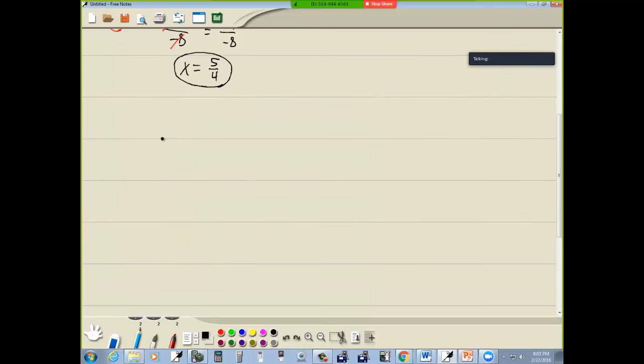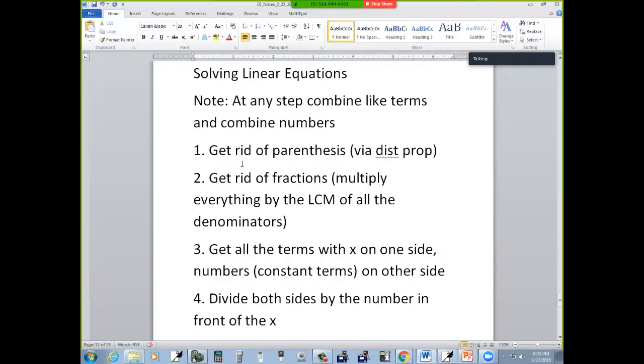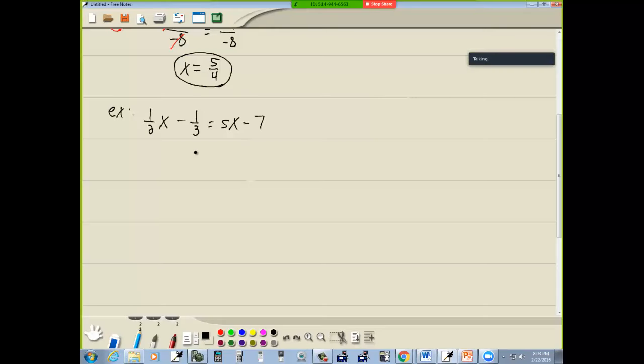Let's look at one with fractions. We've got 1/2 x minus 1/3 equals 5x minus 7. Step 1, we want to get rid of parentheses. We don't have any parentheses.